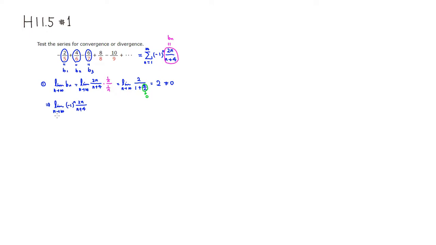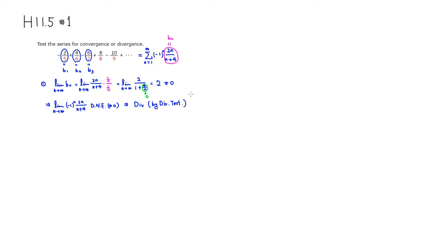It's almost like +2, -2, +2, -2. So this limit does not exist, which of course means that it cannot be equal to 0. So this indicates that the series is divergent, by the divergence test.